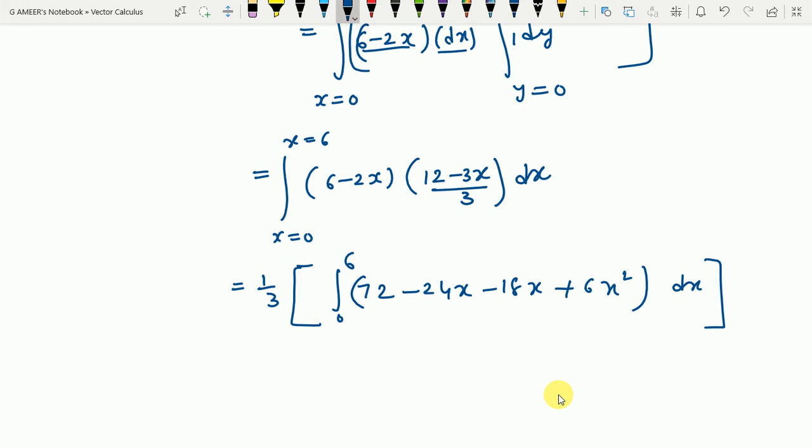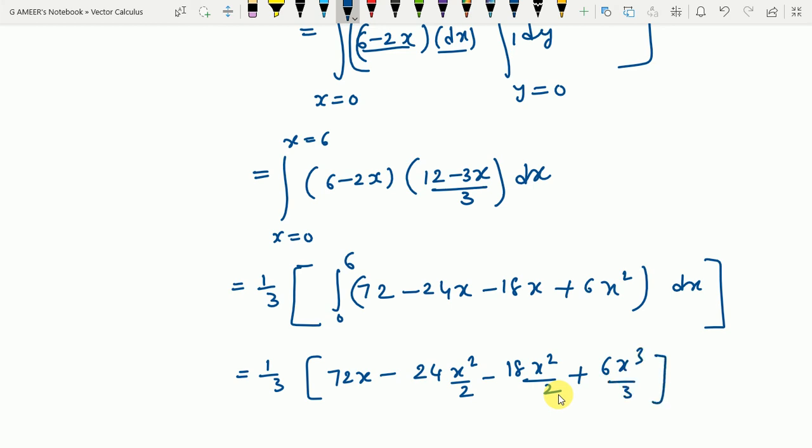Okay, so integrate now. The integration of 72 will be 72x. For 24, the integration will be x square by 2, minus 18x square by 2, plus 6x cube by 3, with lower limit 0 and upper limit 6.